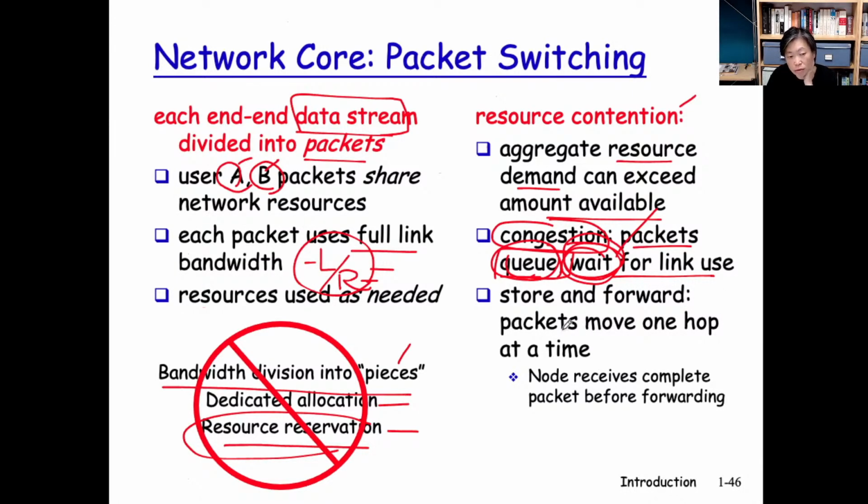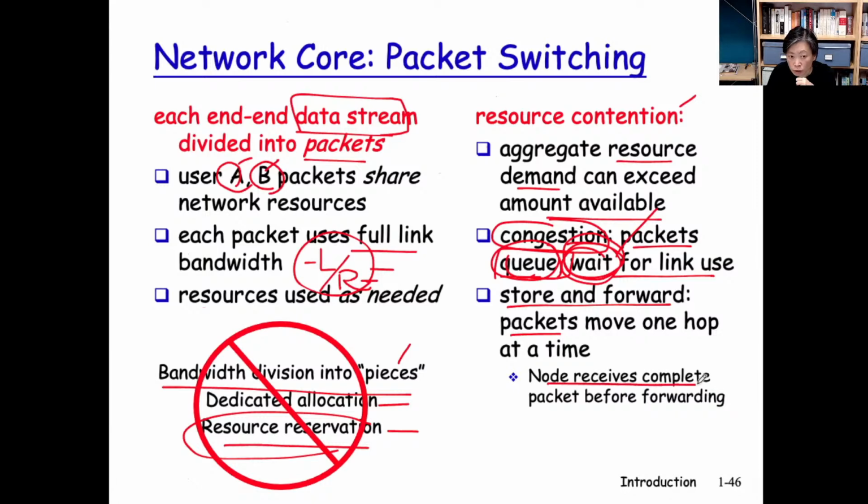This one is a little bit subtle. In a packet switching network, there's no circuit being established. The way we send a packet is that you forward it out on the link. The next router will need to pick up everything, so you need to wait until the entire packet is received.